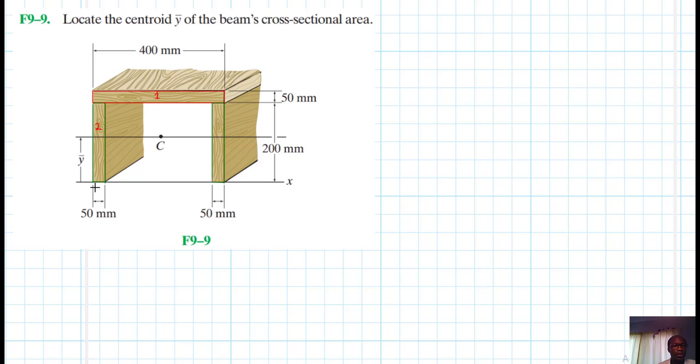So what we need to do now is to locate these points. So let's say we have the local centroid for this one.